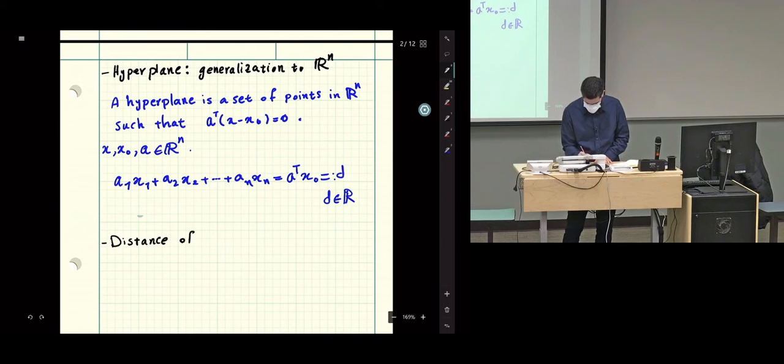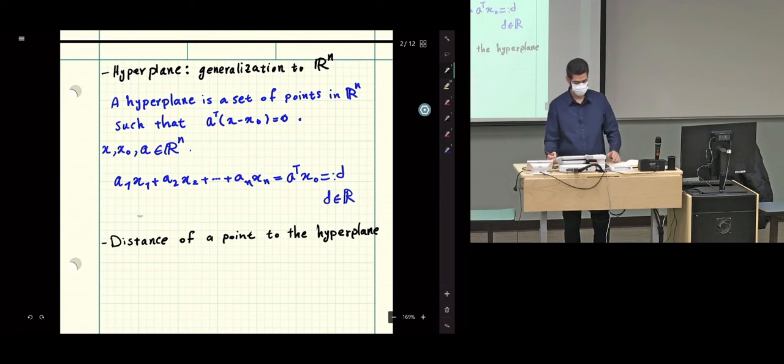Distance of a point to the hyperplane. Now, when we say distance to the hyperplane, that includes distance to the line and distance to the plane.